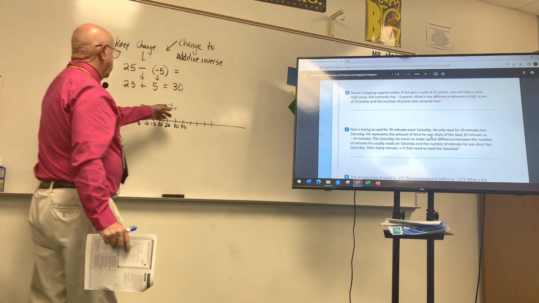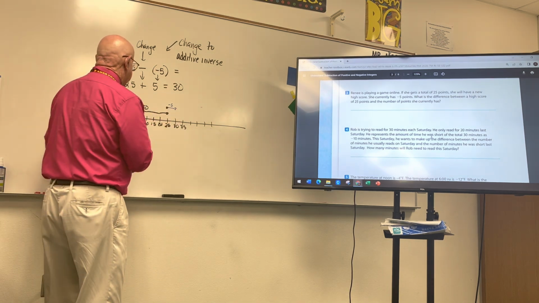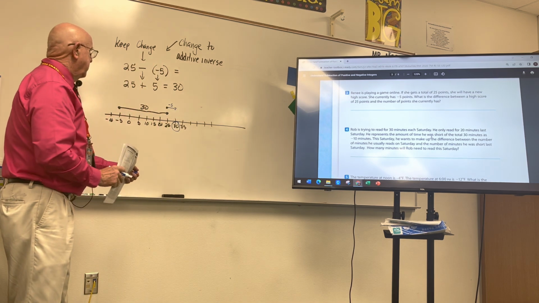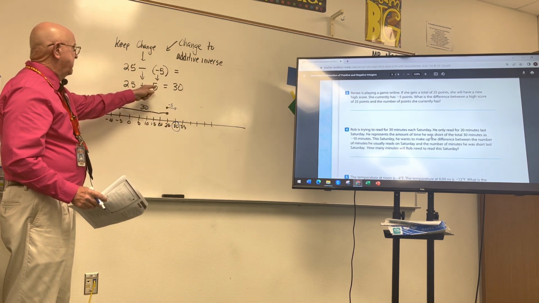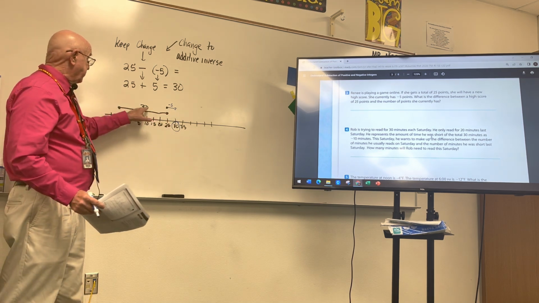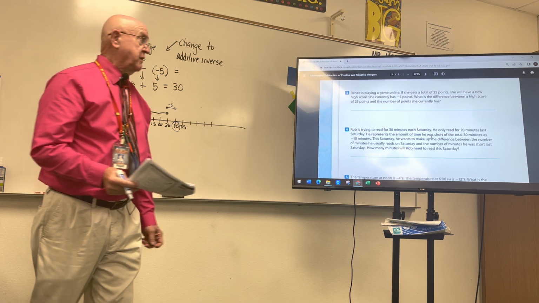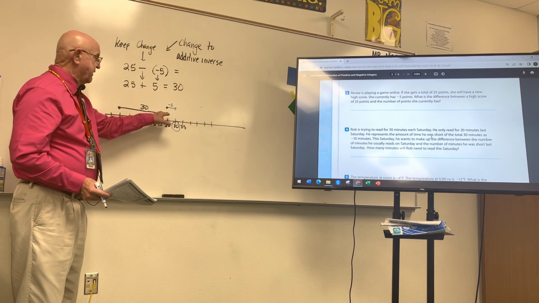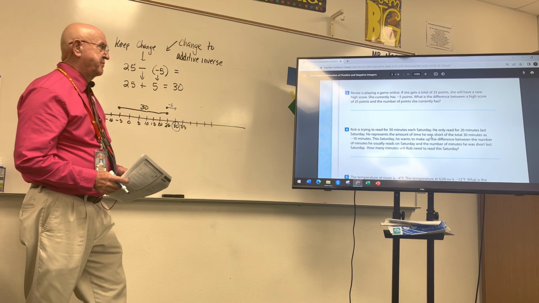This graph shows that it's subtracting a -5, and the answer is right here at 30, right? So this is graphing the equation, and this is just showing the difference between the two. This number and this number should be the same, right? So I proved this equation is correct by counting from this point to that point, all right?